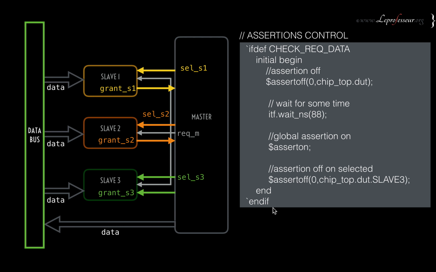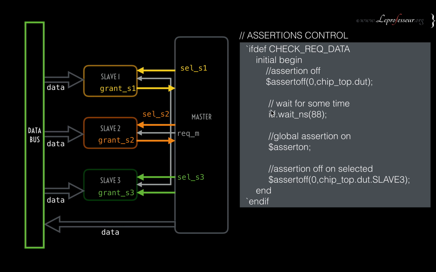So you define the guard band and write it in the assertion control file. In the initial block, at the very beginning, you turn off all the assertions at the DUT top level, or you can specify the instances whose assertions you want to turn off, and you wait for some time. If you think different assertions get fired at this time, you should wait for some time, and then after that time you enable the assertions.